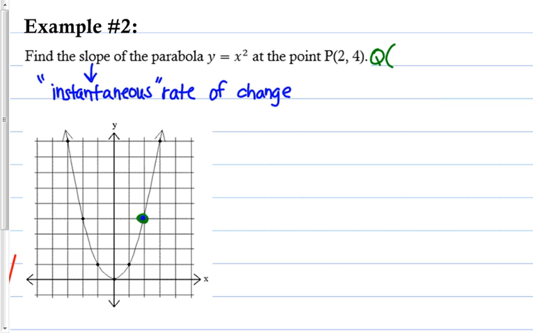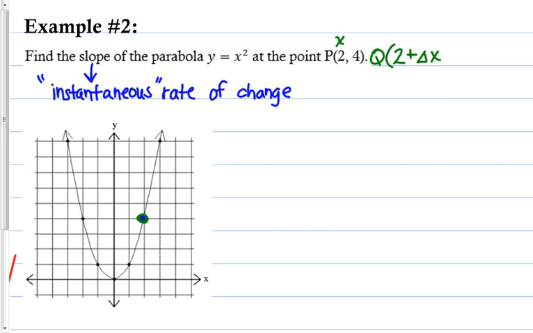It makes sense. So I'm going to use 2 because that was my x. But I want my new point to be really close to 2, like 2.01 or 2.0001. But instead of writing some funky decimal, what I'm going to do is call it 2 plus delta x.